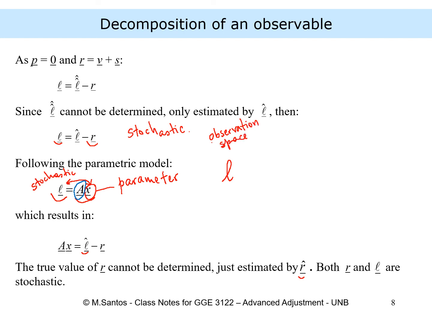There is a space where the observations live, and it equals A X. X, the parameters, are in the parameter space.